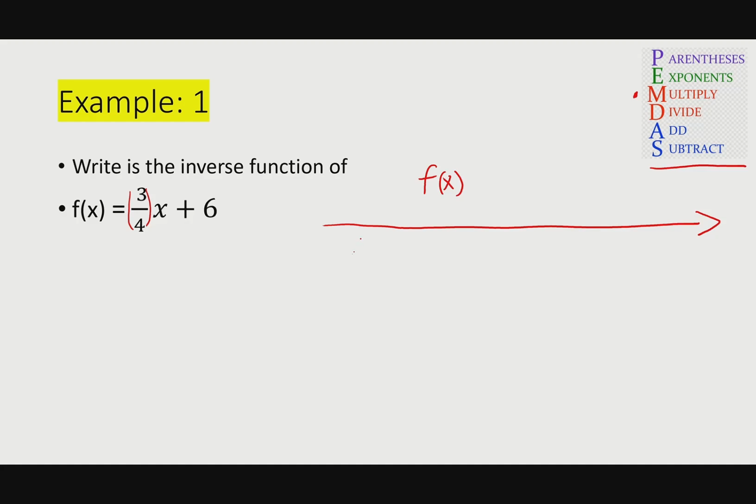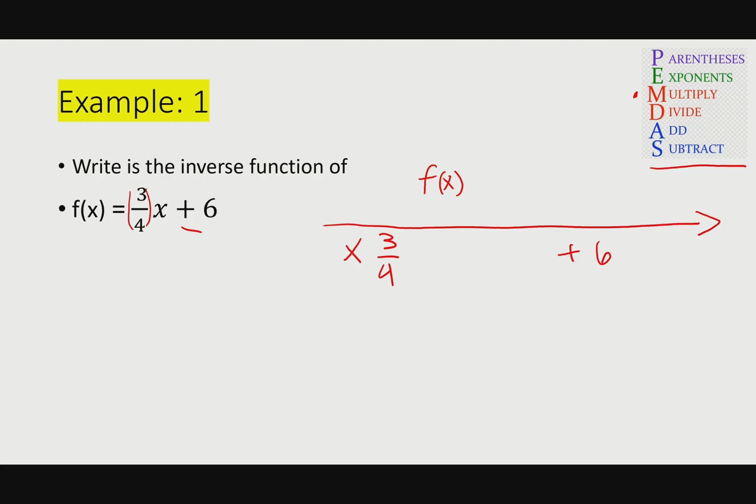So the first thing that's happening is we're taking 3/4 and we're multiplying it by x. So we have multiplication, 3/4. And then secondly, our function is going to be adding 6.